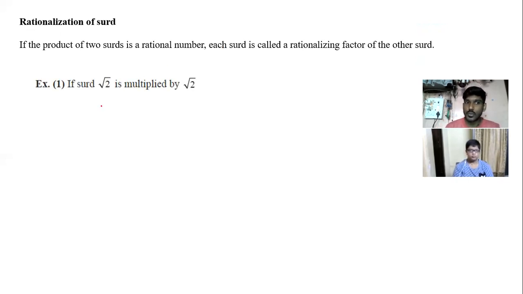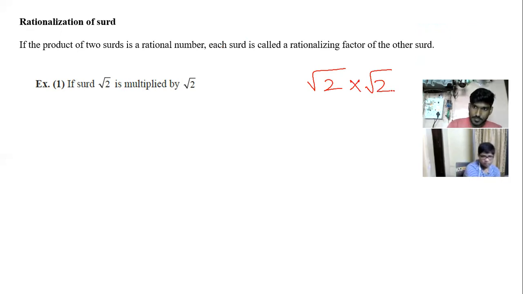If the surd root 2 is multiplied by root 2, what should be the answer? Root 4. And what is root 4? Root 4 means square root of 4.